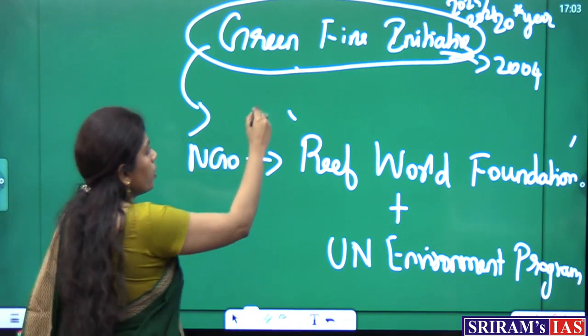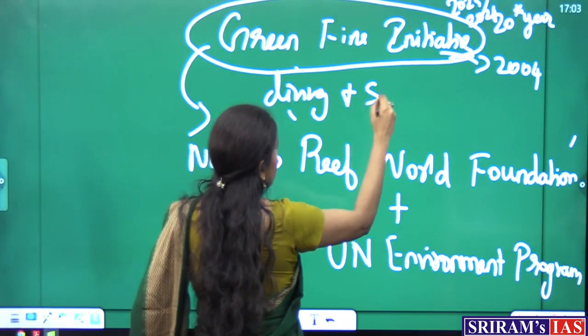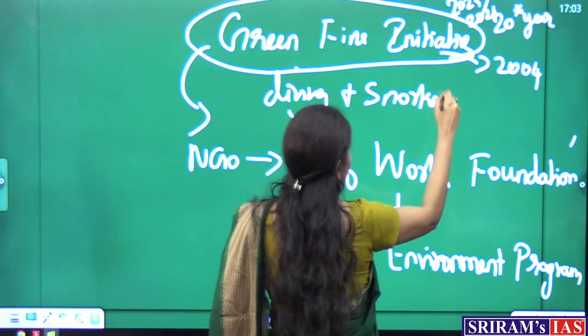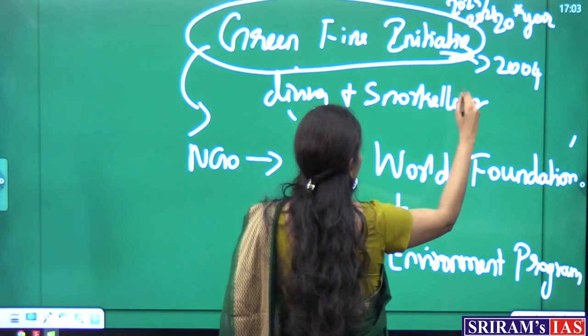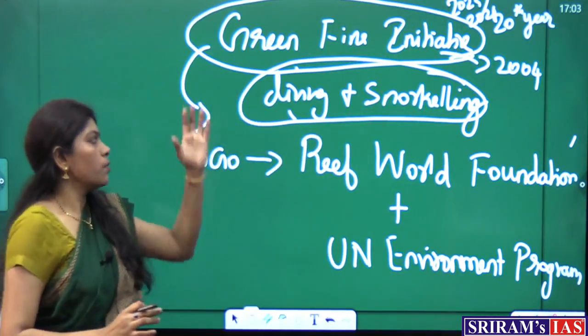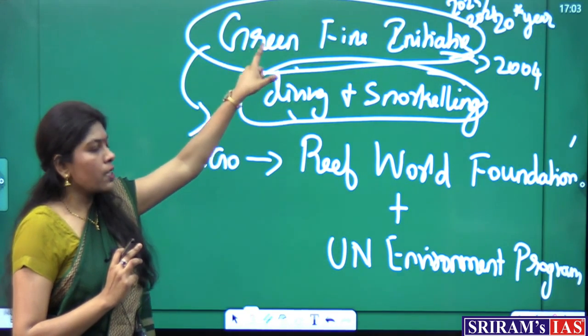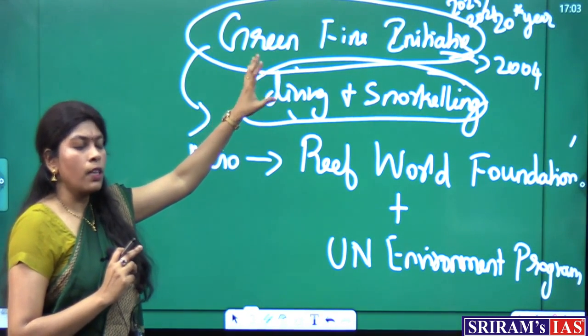Okay, so for diving and snorkeling, which you would have heard about, they are giving some standards to be followed. So this is the first and the only one available worldwide, at the international level, with environmental standards for marine tourism.